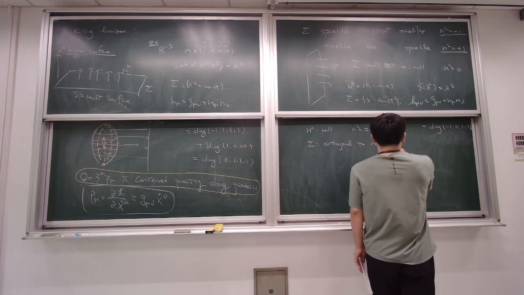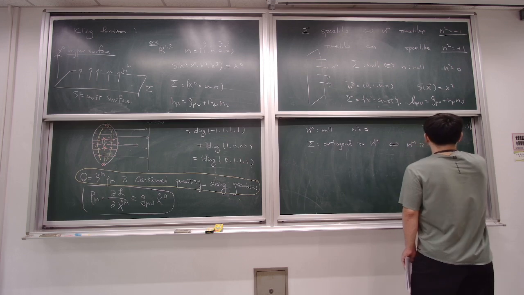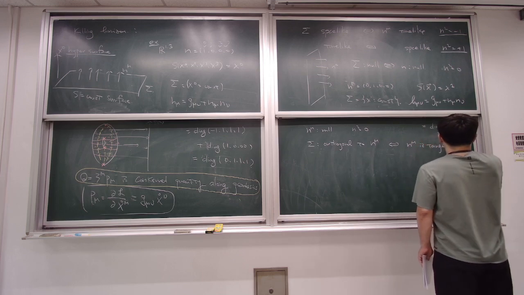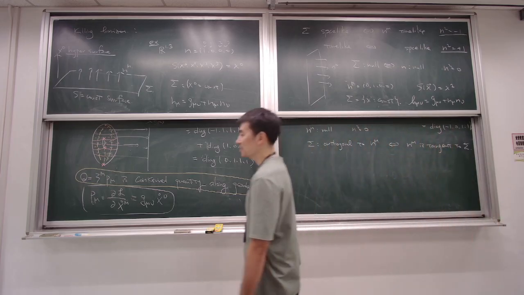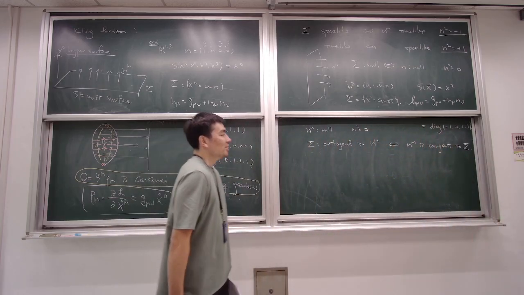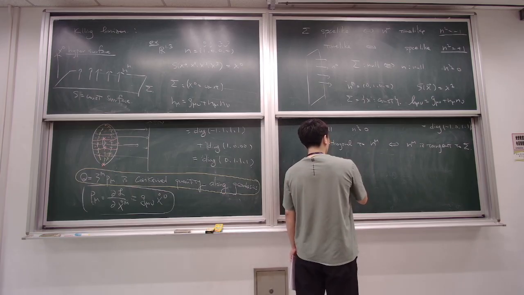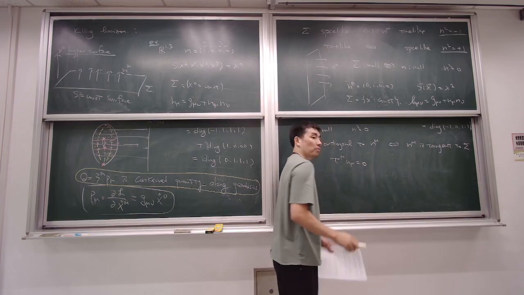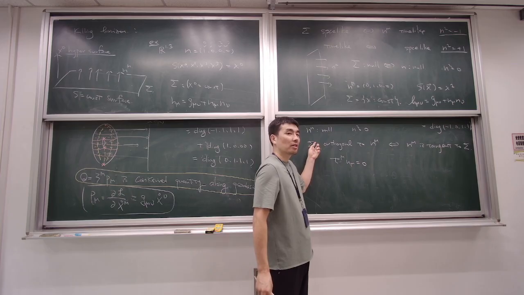But this means that n mu is tangent to sigma. Do you understand what it means? Orthogonal to n mu means that t mu n mu is equal to 0, where t mu is a tangent to sigma, right? Do you understand what I mean?